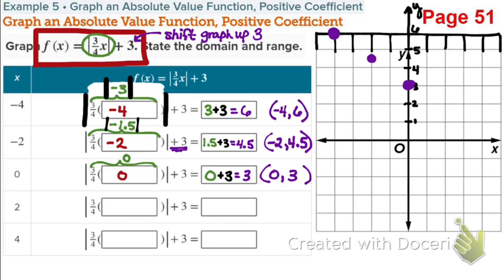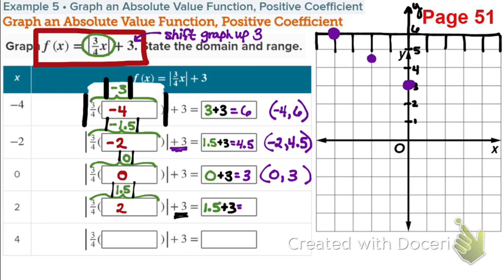What am I putting in next for x? 2. What is 3/4 times 2? 1.5. How far away from 0 is 1.5? It is 1.5 units away. But then I need to add 3 to that, coming from right here.